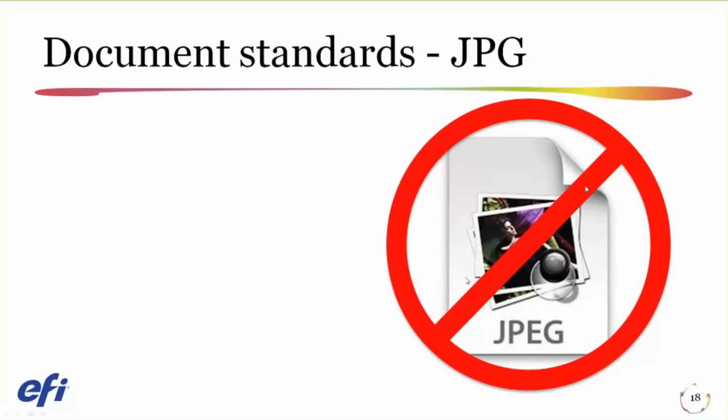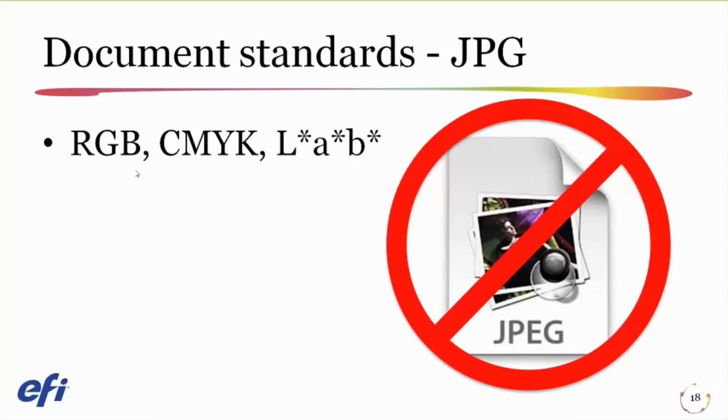Now you might be wondering why I'm not recommending the use of JPEG files. Well, JPEG files can support RGB, CMYK, or LAB color. Anyone who's not familiar with LAB, go to the World of Fiery website and take a look at our session from 3 weeks ago where I explained what LAB color is.